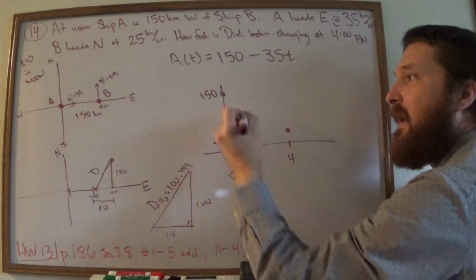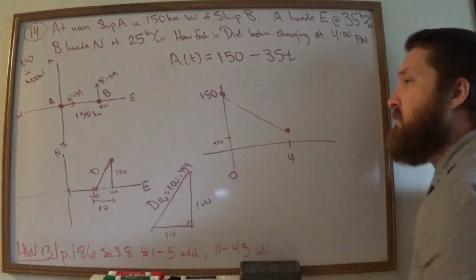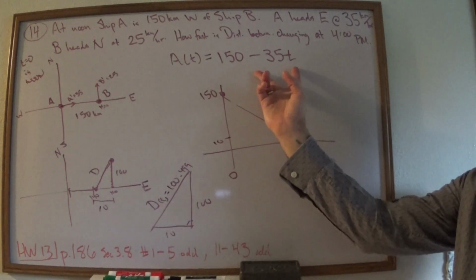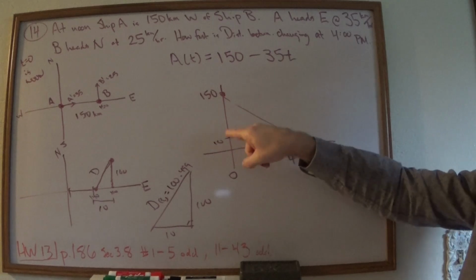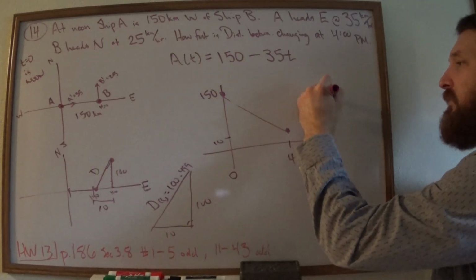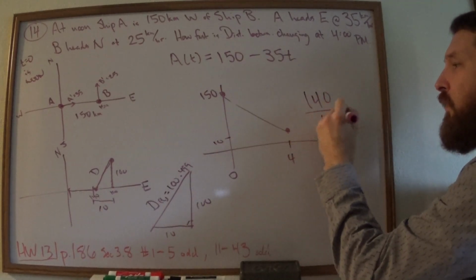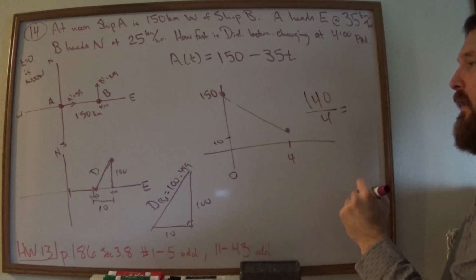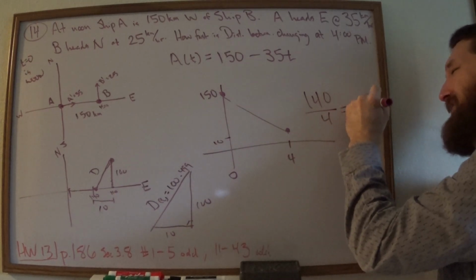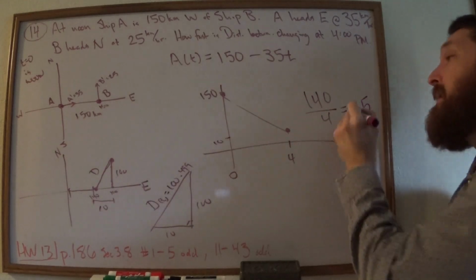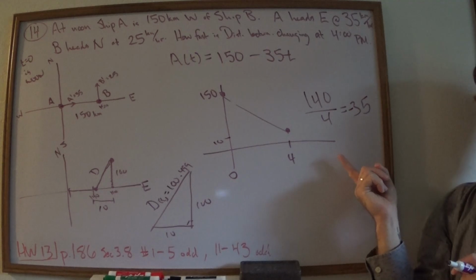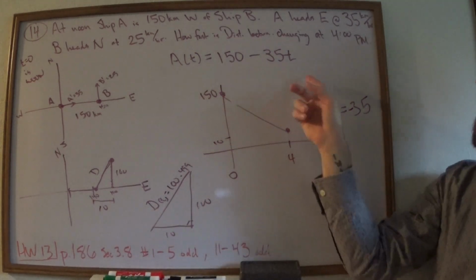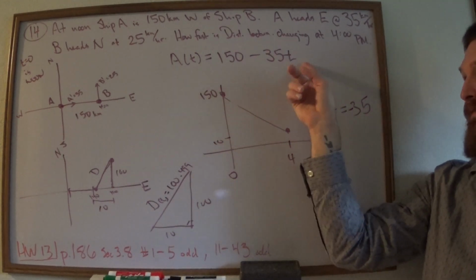I know it's a straight line, and so there you could just solve, and that's exactly what you'll get, by the way. 150 minus 10 is 140. The 140 over 4. I assume so. It better be, right? Negative 35 because it's decreasing, right?